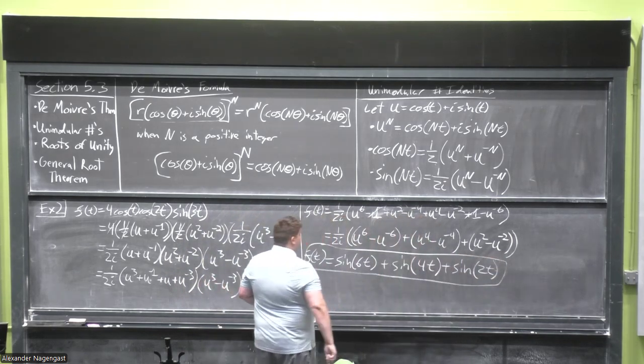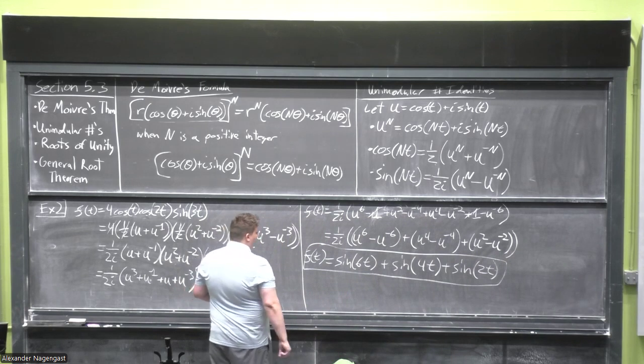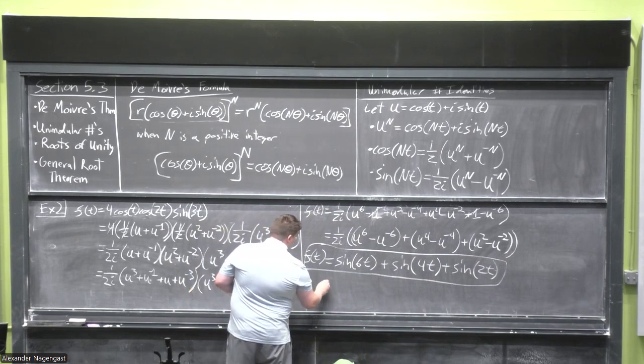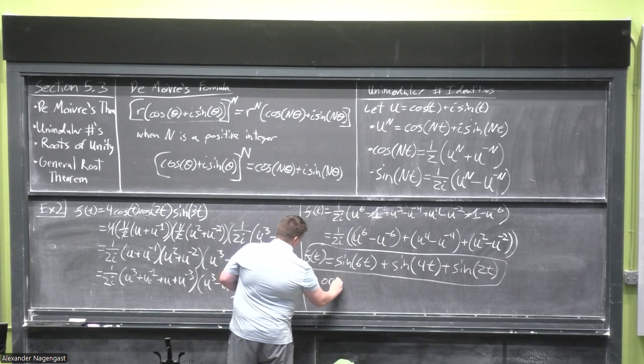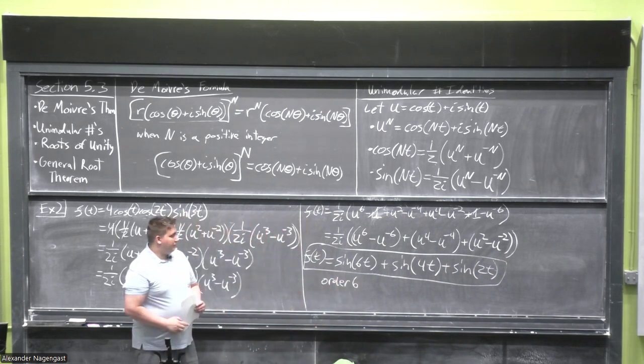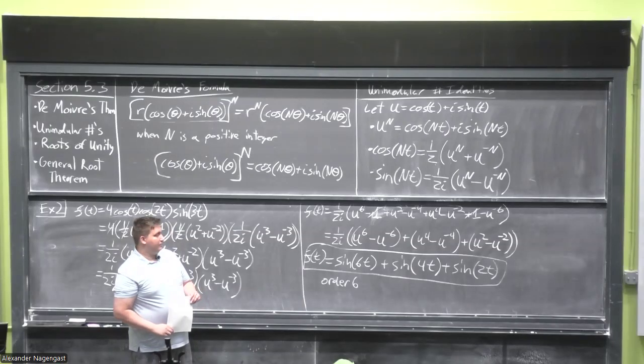And now we can say that this is a Fourier function of order 6. So we have sine of 6t.